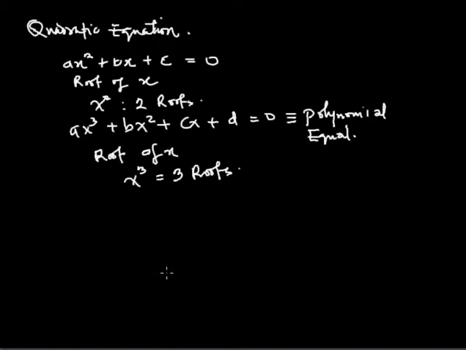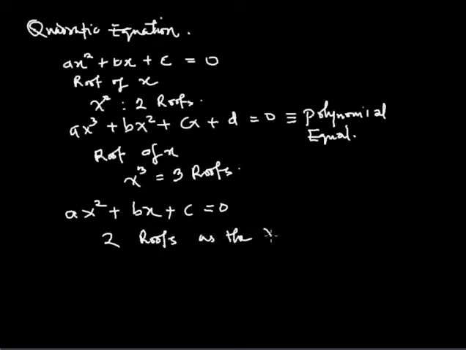I also want to let you know that after you have factorized this particular equation, x raised to power 2 plus bx plus c, which is equal to 0, you must be able to get two roots as the value of x, but if you can't, the best way to solve this equation is by using completing the square.